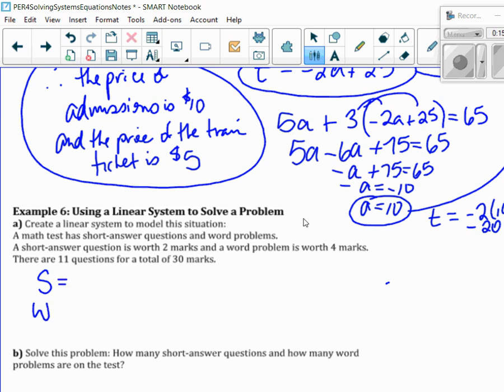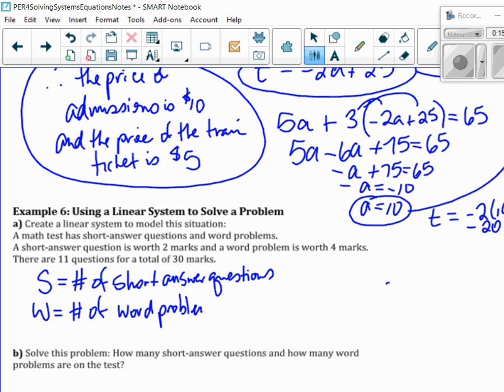The number of short answers, because short answers could have different values, so you need to be specific. So this is the number of short answer questions, and W stands for the number of word problems.